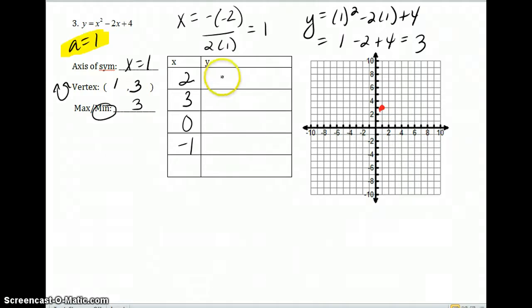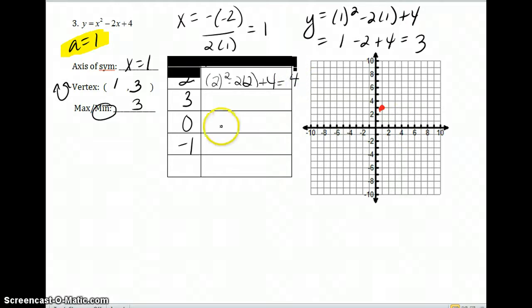Okay, so when we plug this in, you're going to get 2 squared minus 2 times 2 plus 4. And that's going to get you 4, which means the other side should also be 4. And then when you plug 3 in, that should get you 7, which means the other side is going to be 7.